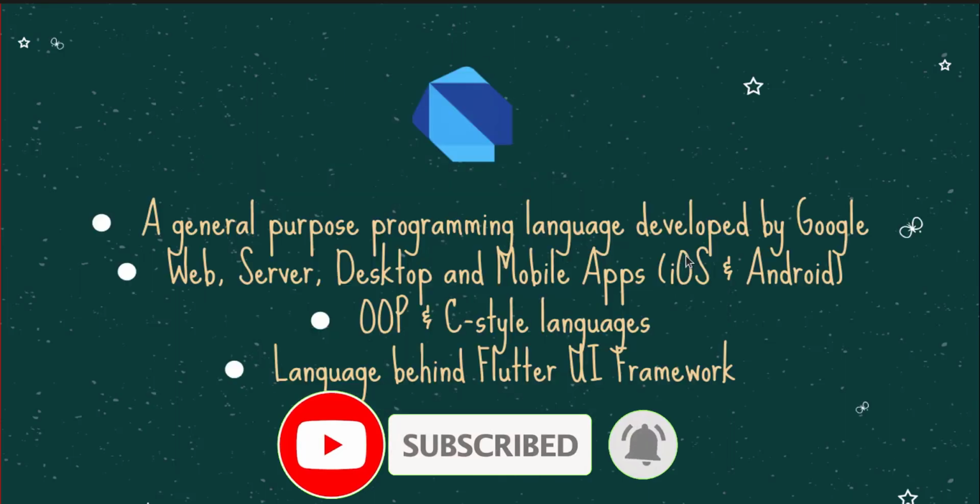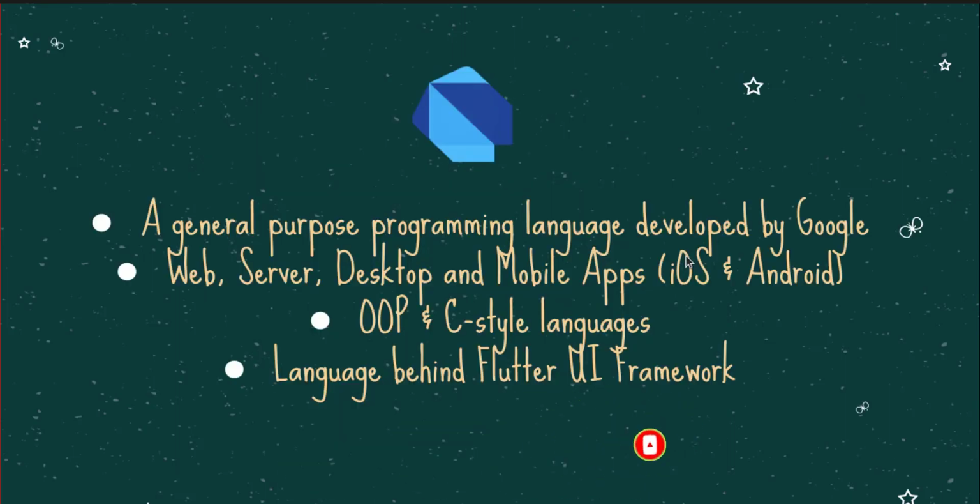Dart is a general purpose programming language developed by Google, and this language is used to develop web applications, also used to develop servers, desktops, and mainly mobile applications, which is iOS and Android applications.